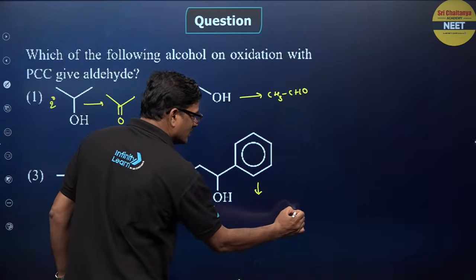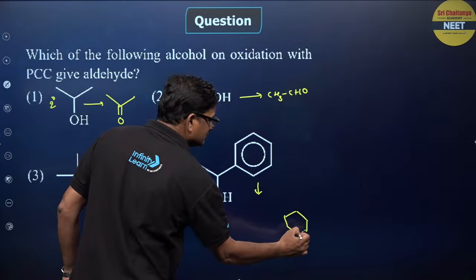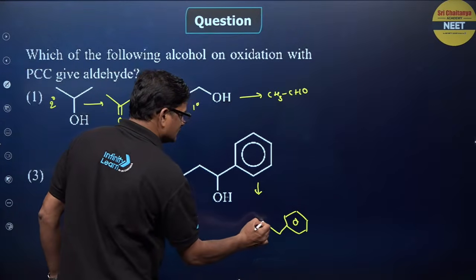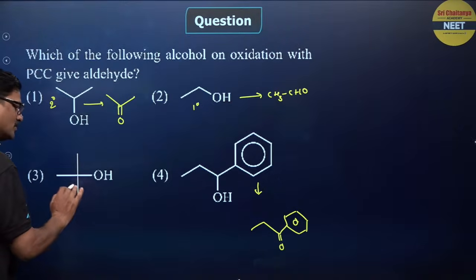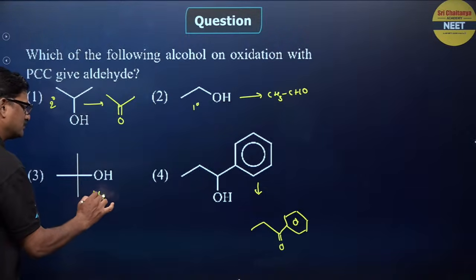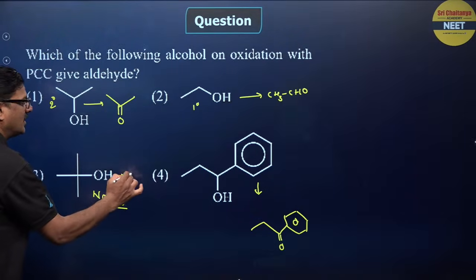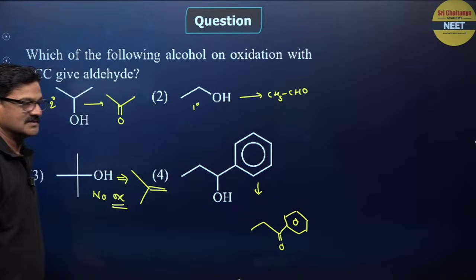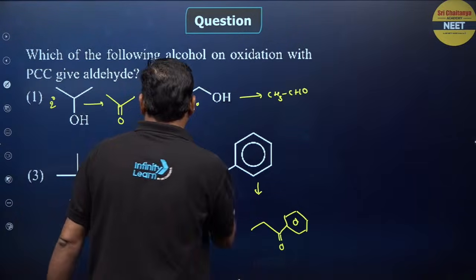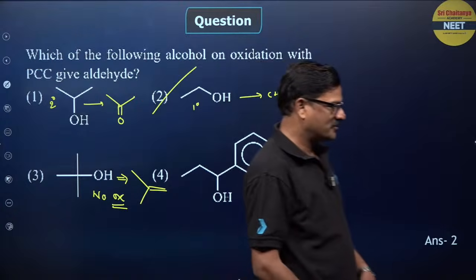The product you are going to see here. There is no oxidation, rather it is going to dehydrate. It is going to give you like this. Got it? So my answer for this question is going to be option 2.